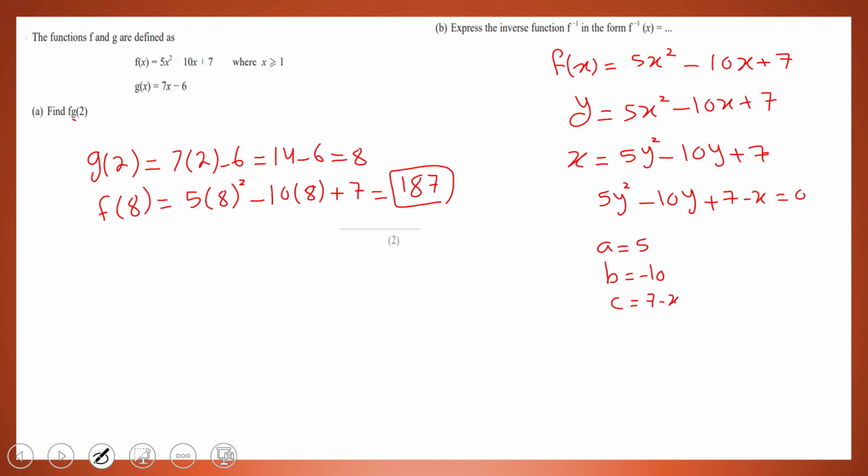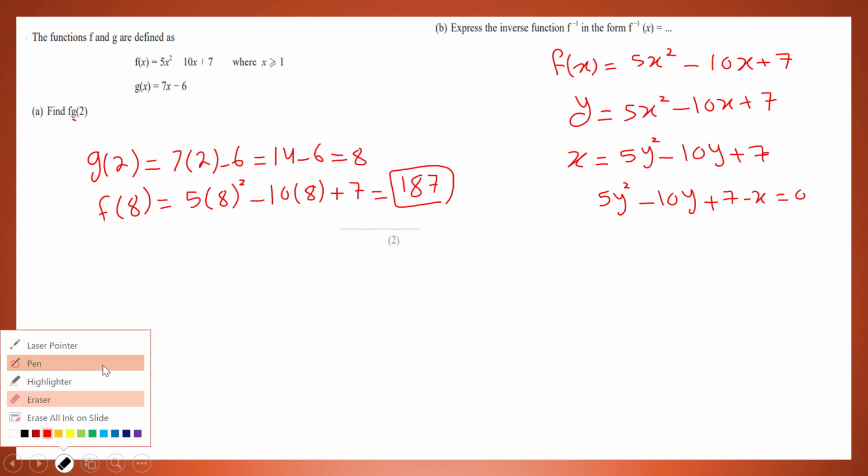You need to take care about something very important: if you want to do completing the square, you have a value written before the y squared. You will just use the completing the square formula, which is y plus b over 2 all squared minus b over 2 all squared, then added to c.